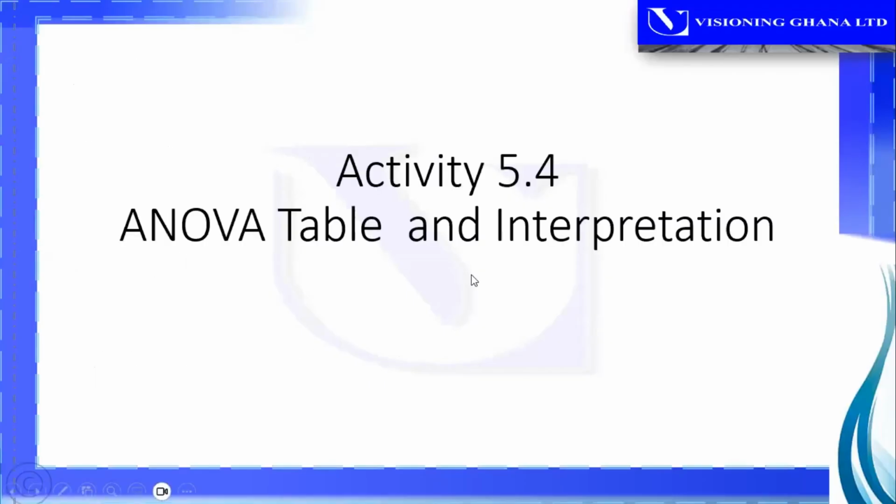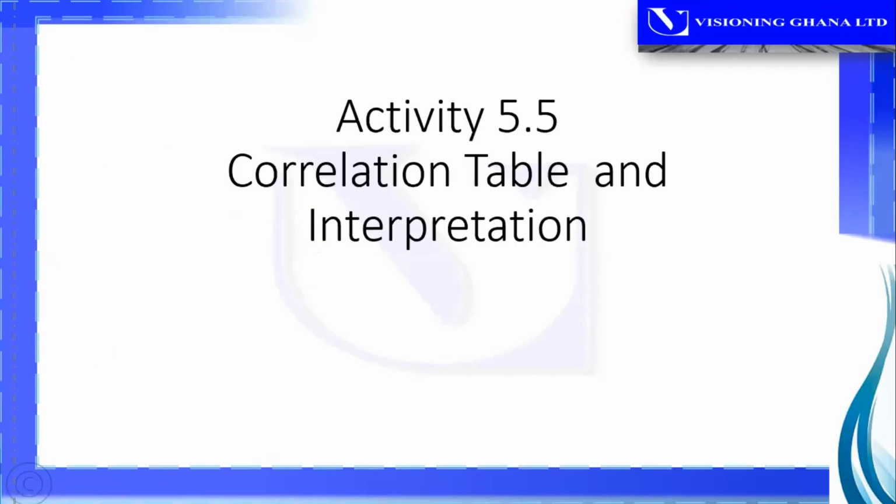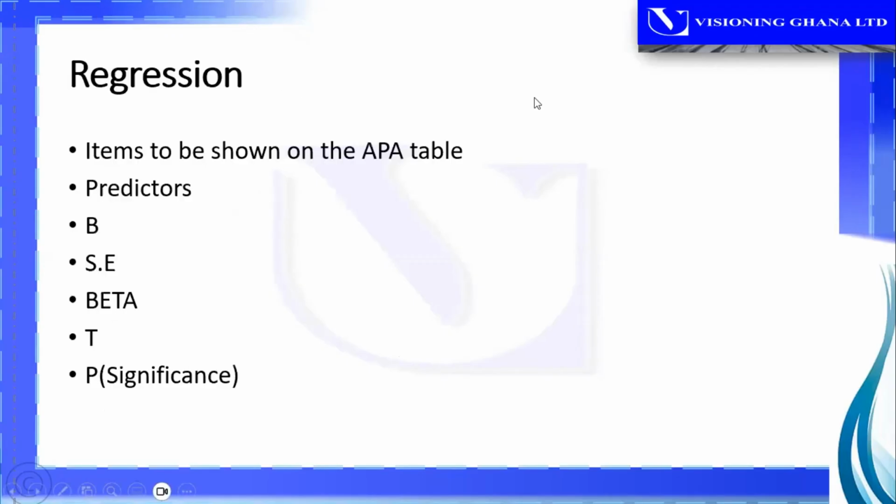So the last thing we are going to look at is regression. Let's see how we are going to change our regression table to APA and see how we interpret the APA table. In regression, these are the things you need on the regression table.